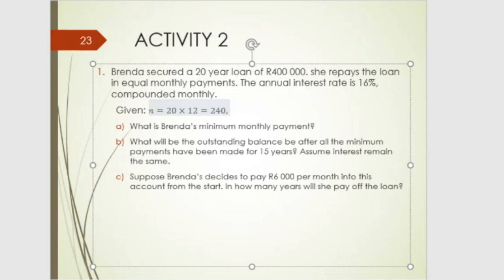Let me confirm, 20 by 12, yes, 240. And then that loan is 400,000, which is the present value. And the annual interest rate is 16%.